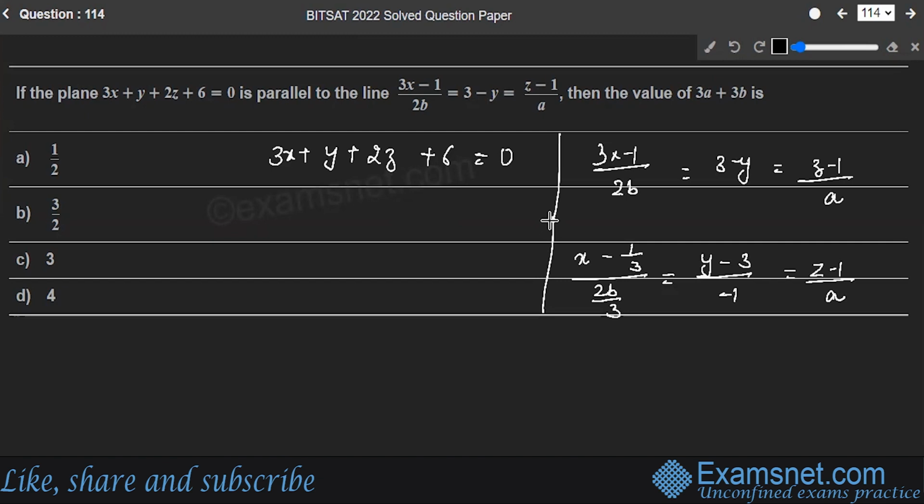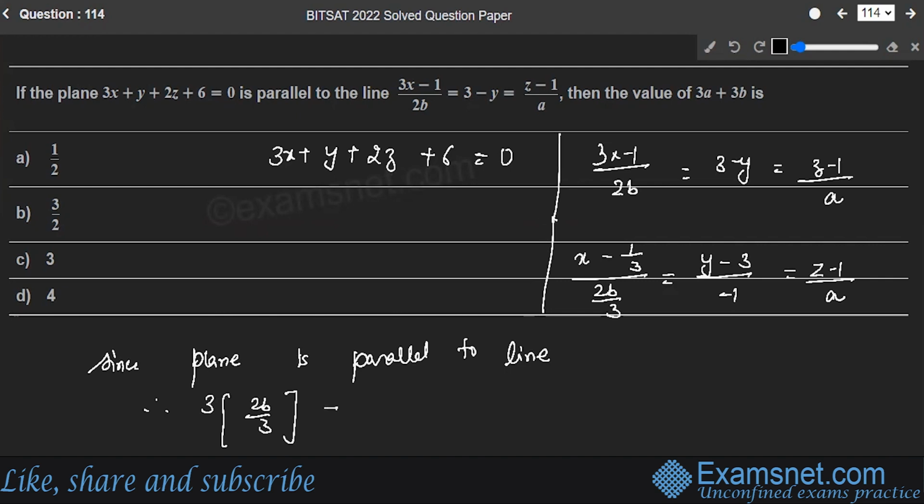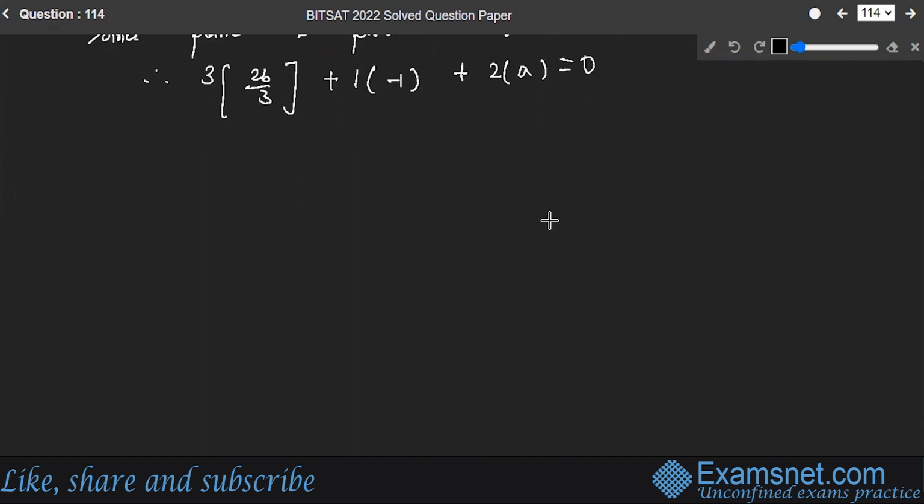Now, since the plane is parallel to the line, therefore, 3 into 2b upon 3 plus 1 into minus 1 plus 2 into a is equal to 0, or you have 2b minus 1 plus 2a is equal to 0, or you have a plus b is equal to 1 by 2.